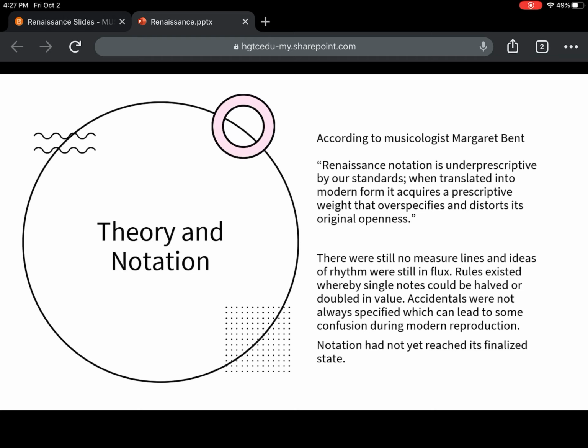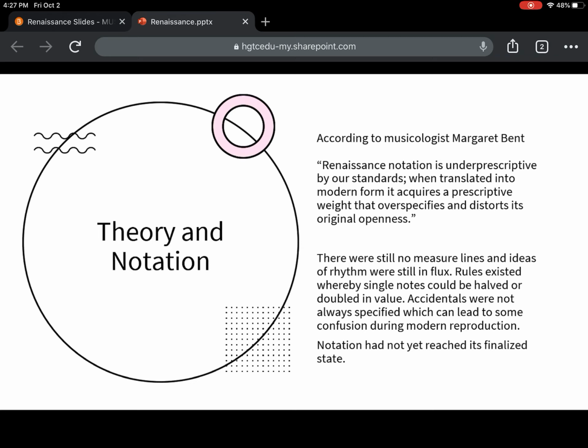In theory and notation, according to Margaret Bent, a noted musicologist, Renaissance notation is underprescriptive by our standards, which means that translating into modern form requires a prescriptive weight that over-specifies and distorts its original openness.